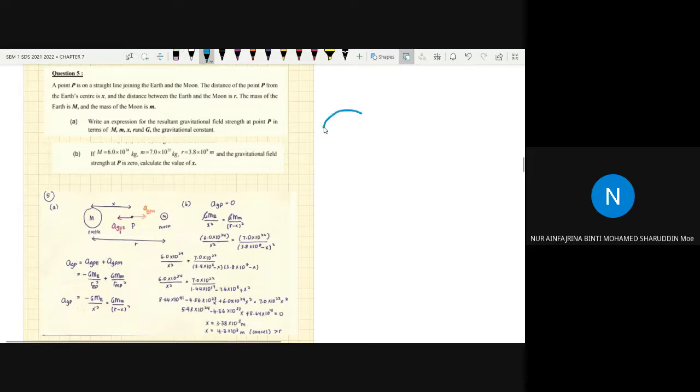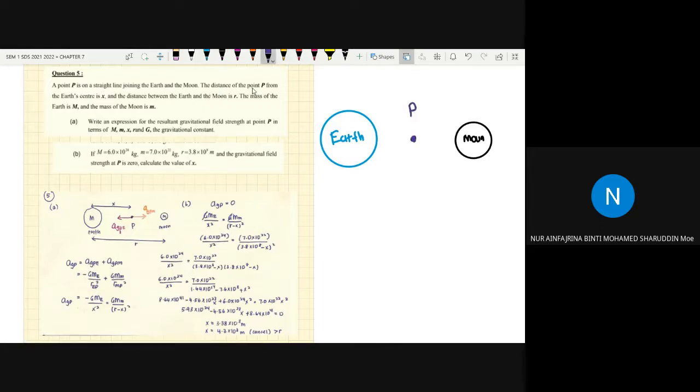And then awak akan ada Moon. Okay, then dia cakap a point P is on a straight line joining the Earth and the Moon. Okay lah, dia nak join Earth dengan Moon.